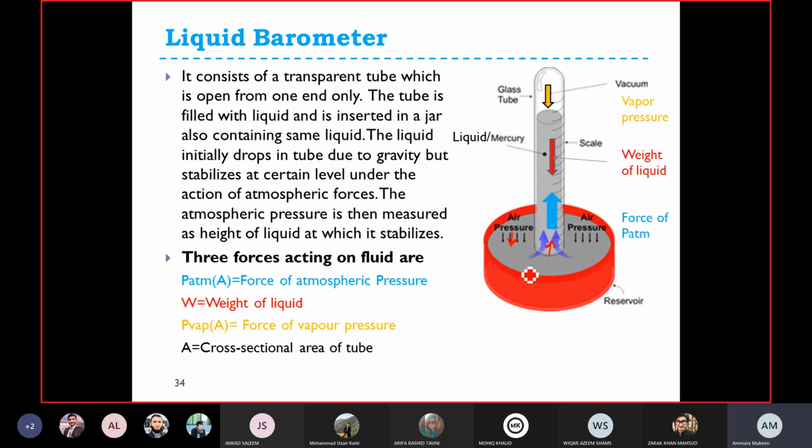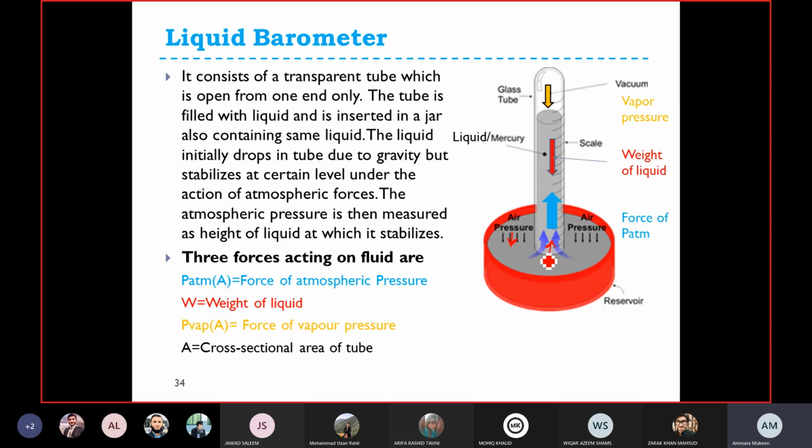As you have already done Pascal's law, at the same depth the pressure from all directions would be constant. We have proved this law in the previous lecture. So if here is atmospheric pressure, then here would also be atmospheric pressure in the upward direction. Due to this atmospheric pressure, a force is created, and that is one of the forces.